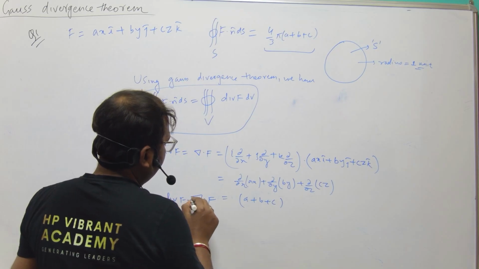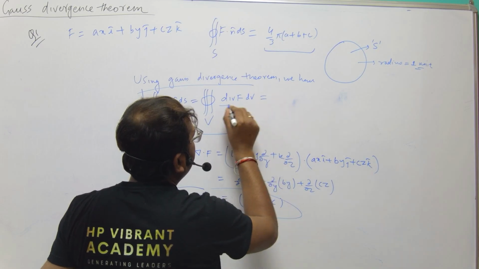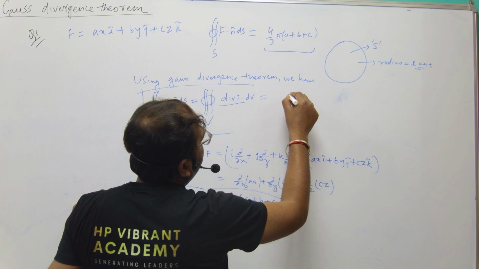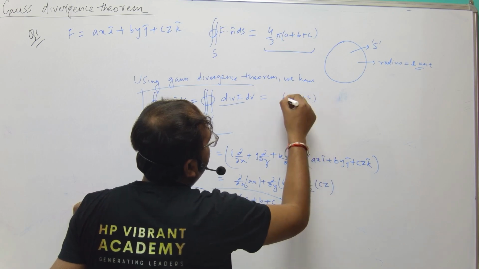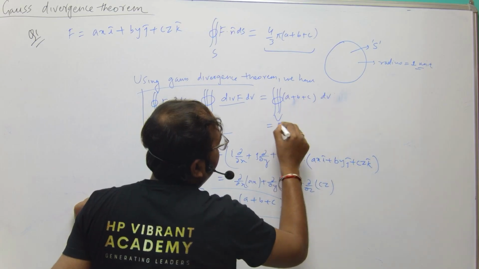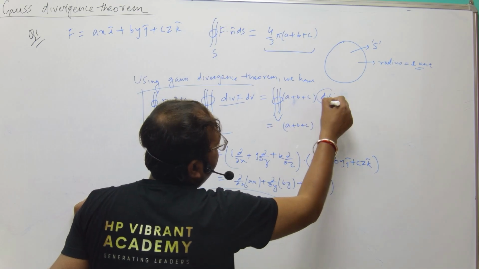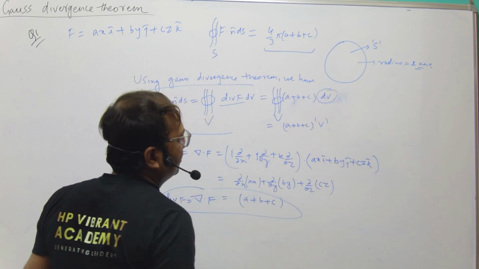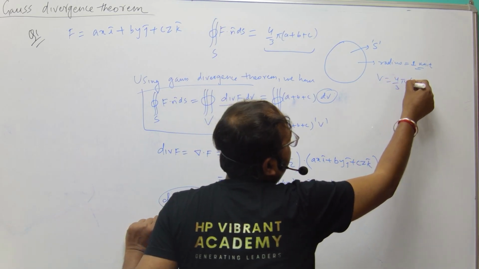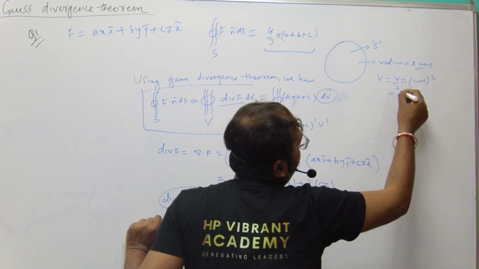Let us place it here. The divergence of f is a plus b plus c, so the volume integral is a plus b plus c times dv. Since a plus b plus c is constant, this equals (a plus b plus c) times the volume V of the unit sphere. The volume of the unit sphere is 4 by 3 pi r cubed, with r equal to 1 unit, so it is 4 pi by 3.